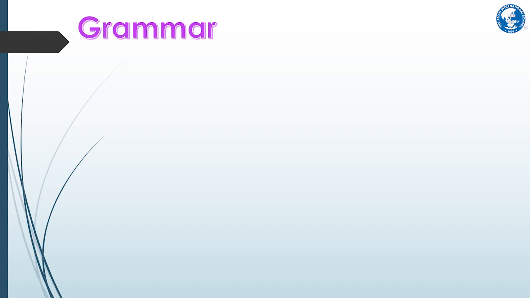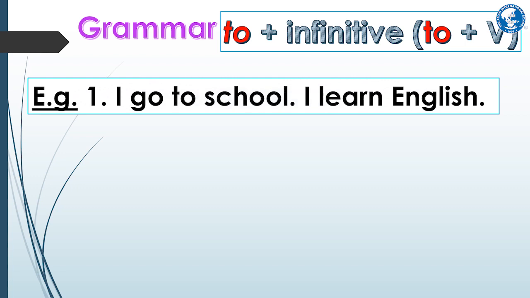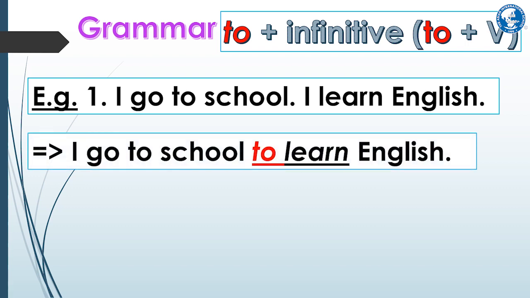Okay, now let's move on to the next section, grammar, to infinitive. Look at the example. I go to school. I learn English. And I will use to infinitive to combine the two sentences. I go to school to learn English.